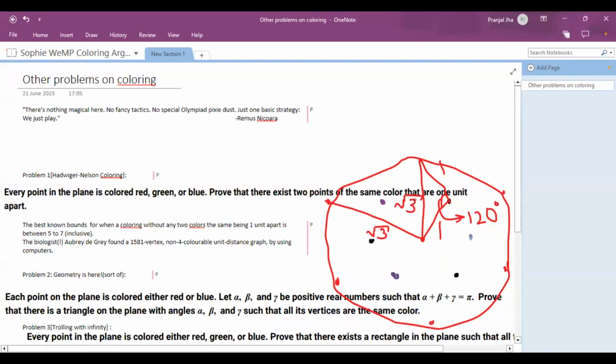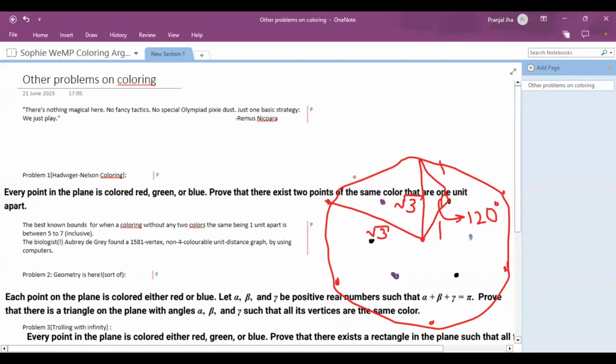All these points have to be red. And you can see this by just rotating the smaller hexagon we just drew over the whole circle. Then all the points on the root 3 radius circle with center as the red point have to be red. Does everyone get this? Yes. So this whole thing is red.